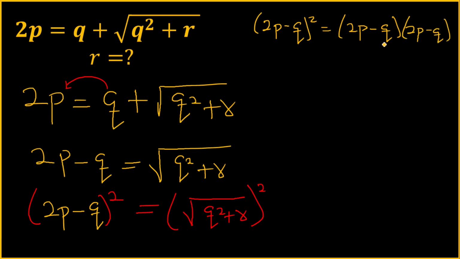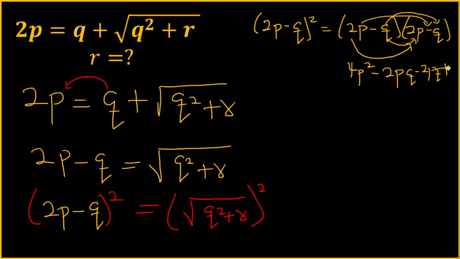By this expansion, 2p multiplying 2p gives us 4p squared, and 2p multiplying negative q gives us minus 2pq, and q multiplying 2p gives us negative 2pq, and negative q multiplying negative q gives us plus q squared. So this is the expansion of this binomial.